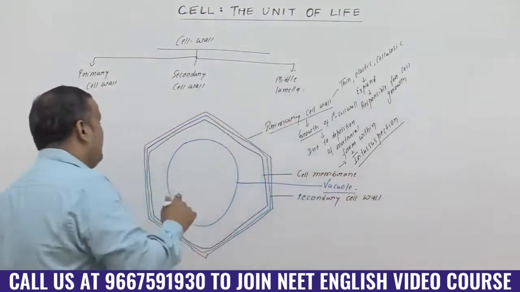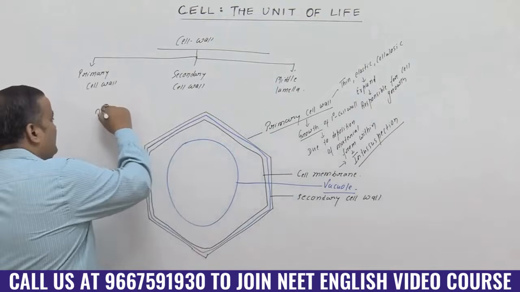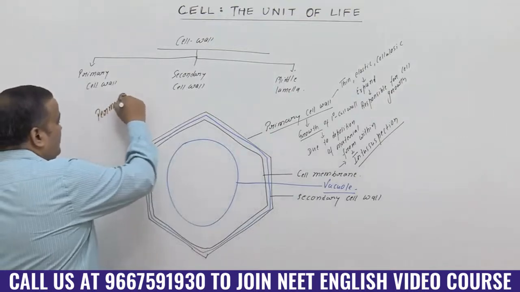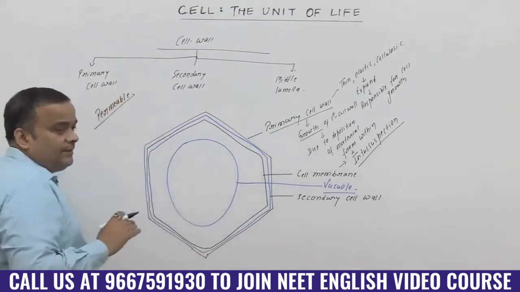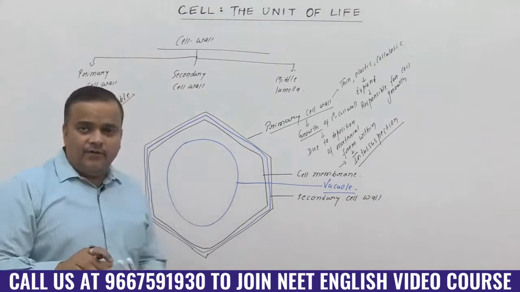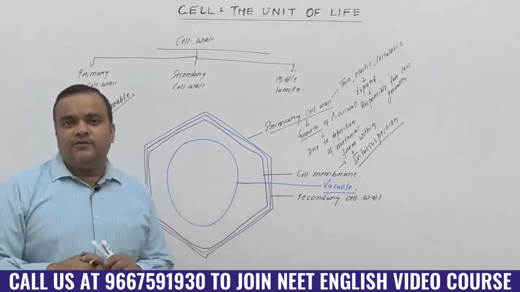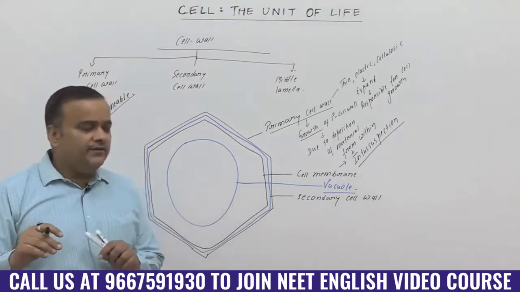Now, cell wall is a permeable structure. For large macromolecules it is not permeable, but for small molecules it is permeable.